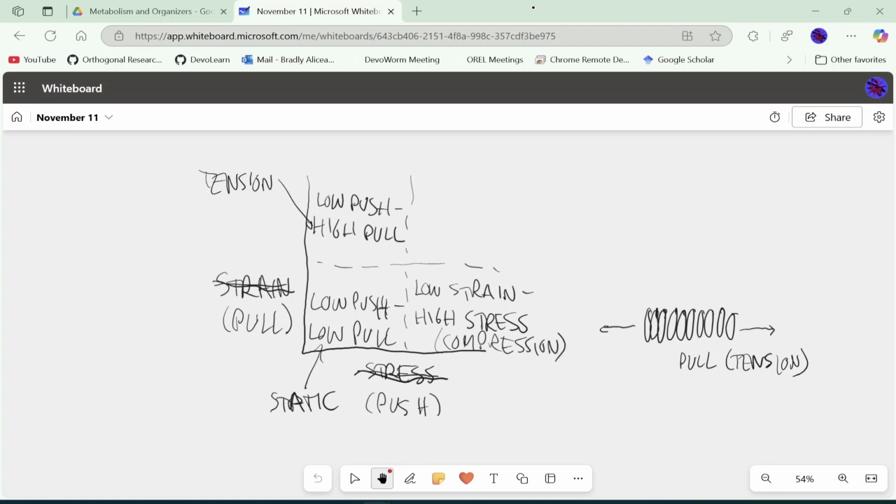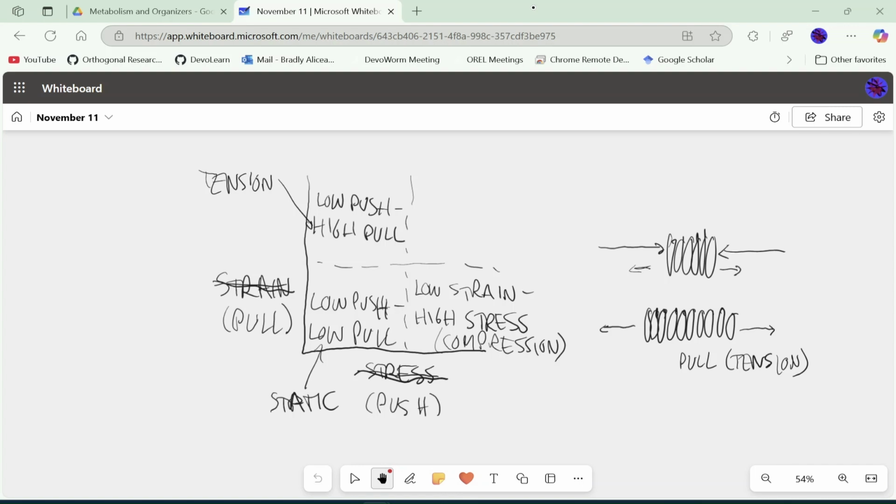And what that looks like in terms of our stack, we're introducing some minimal strain forces, but we're introducing a lot of stress forces. So we're pushing our stack inward. And we're pushing it together, pushing all the cells together.